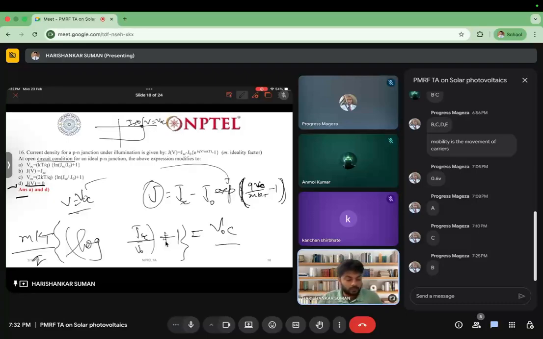Clear? Please check now. Let's say put 1 for ideality factor in the expression. You can put M equal to 1 for silicon or other.